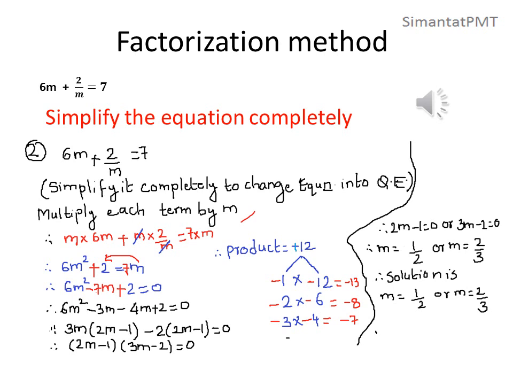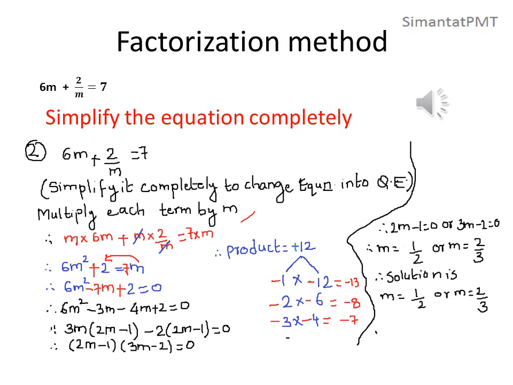So neglect these factors. Proceed likewise. We arrive at minus 3 into minus 4 equal to 12, and minus 3 minus 4, on applying the subtraction rules, we get minus 7. So the middle term can now be split as minus 3m minus 4m.